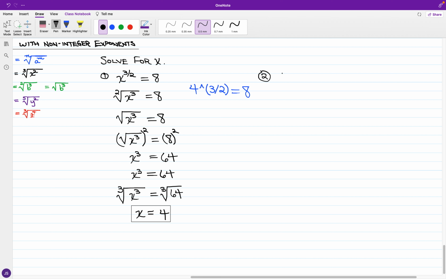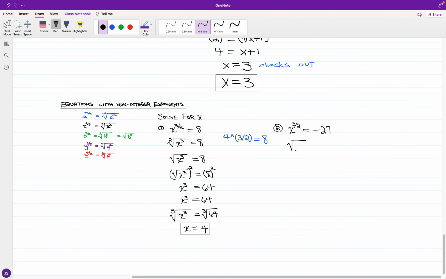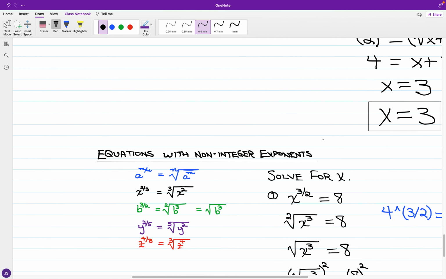And say, another situation, if I have x to the 3 halves equal to negative 27. Again, if I translate from non-integer exponent to radical, we have a square root of x cubed equal to negative 27.